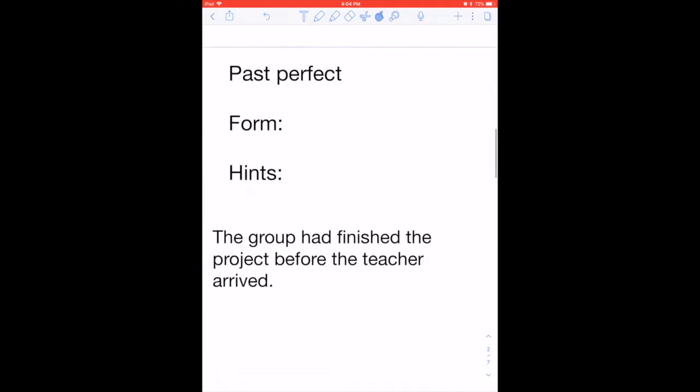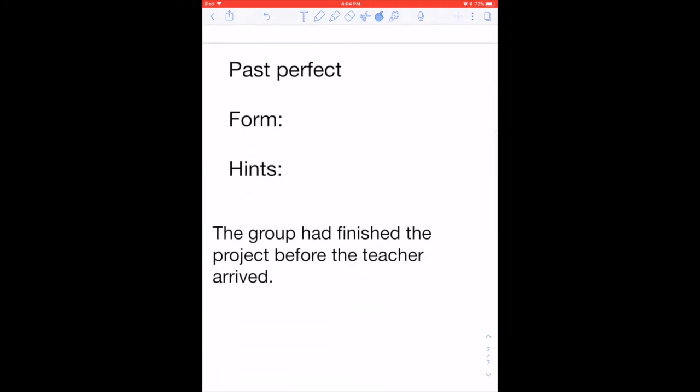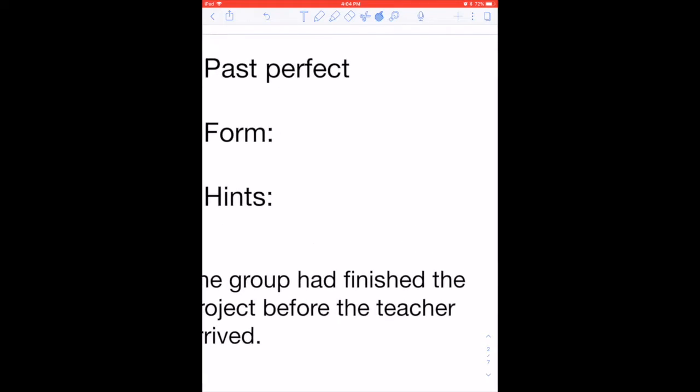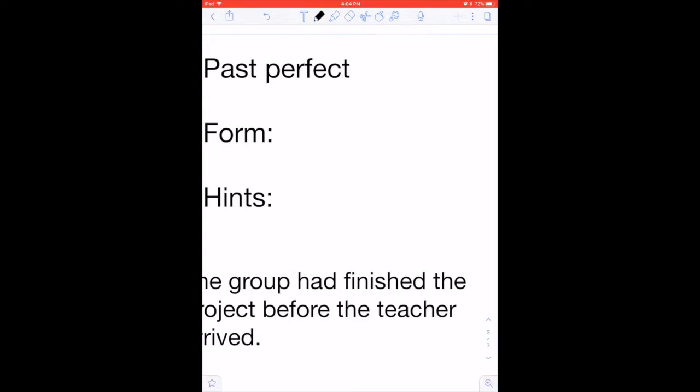So let's start with this tense, past perfect. Past perfect is in the form of, let me get the pen, had plus some verb. Okay.